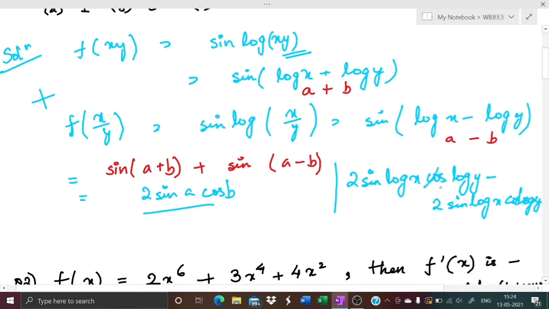So this would be cancelled and you will get this equal to 0. So your final answer is 0.